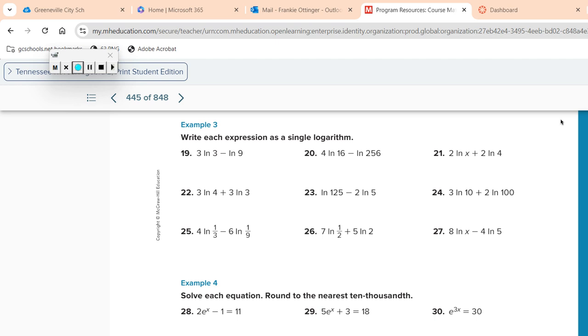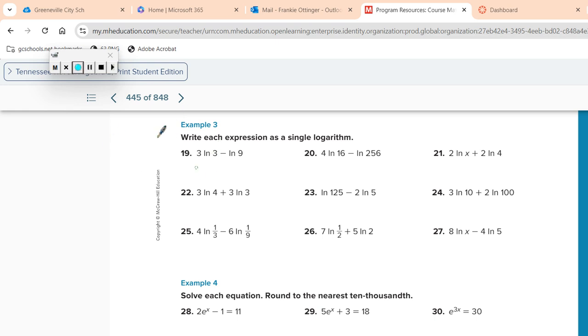I don't remember what section, but we have our product property, our quotient property, and our power property, and I'm going to use those. Just in class yesterday, it sounded like some of you didn't quite remember some of those. So like number 19, if I have a number out front, I can move it to the power, right?